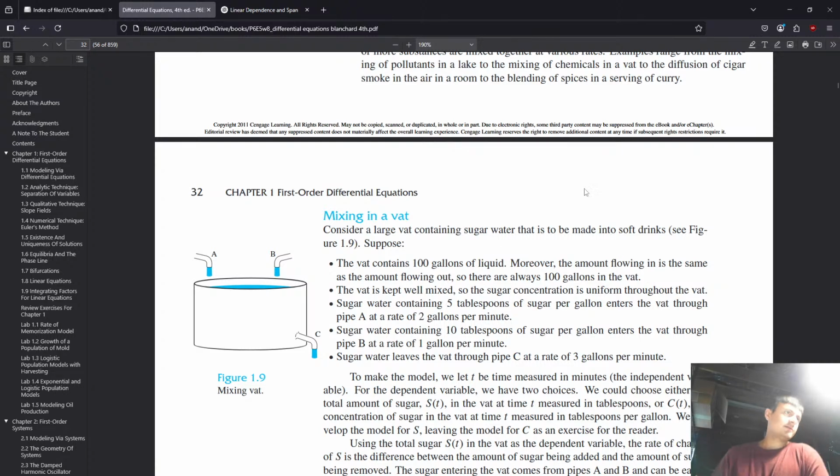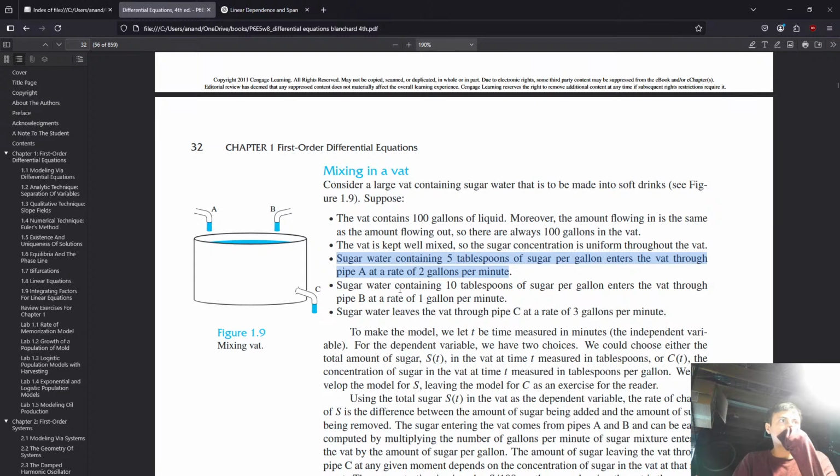Alright, I'll read it out loud. Okay, consider a large vat containing sugar water that has been made into soft drinks. Suppose the vat contains 100 gallons of liquid. The amount flowing in is the same as the amount flowing out, so the total volume is constant. The vat is kept well mixed, so the sugar concentration is uniform throughout the vat. The sugar water containing 5 tablespoons of sugar per gallon enters the vat through pipe A at a rate of 2 gallons per minute.